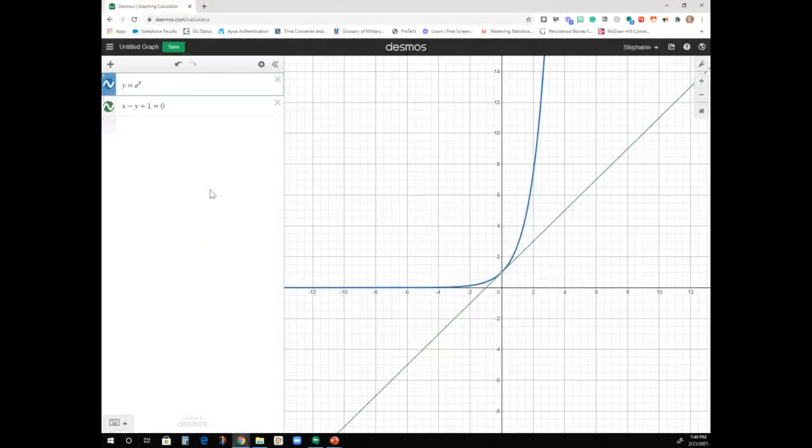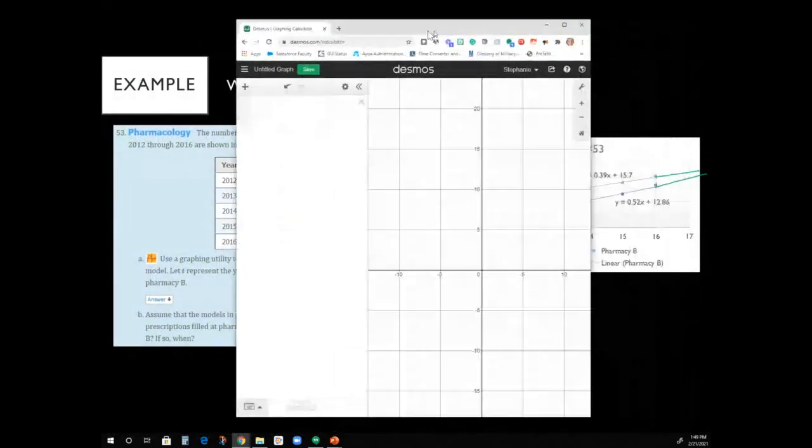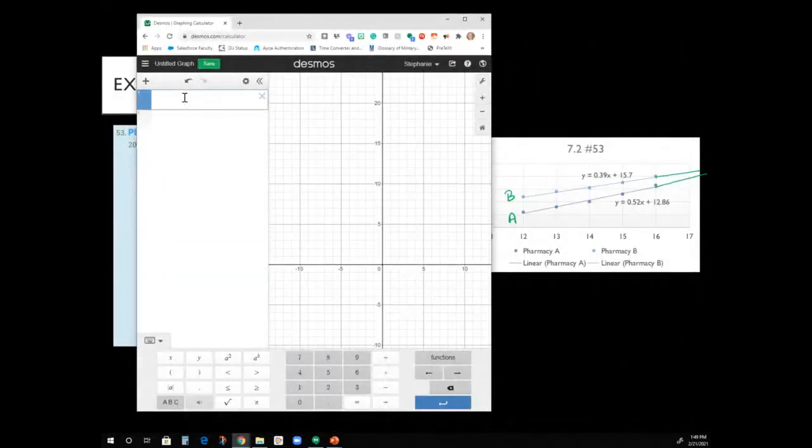Let me move this over so I can actually see my equation. So I'm going to type equation A in first. It was 0.52x plus 12.86. And then pharmacy B is y equals 0.39x plus 15.7. Okay.